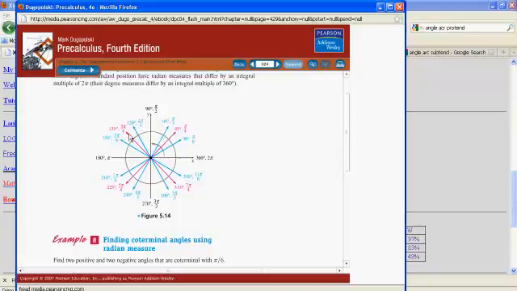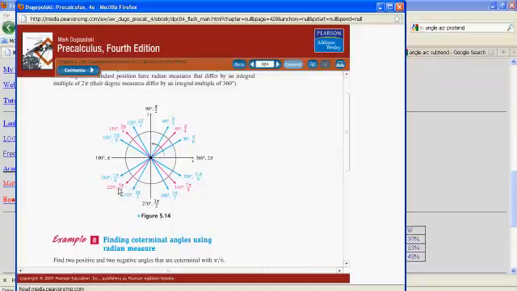And 135 degrees, 3 pi over 4. And 150 degrees, 5 pi over 6. 180 degrees, pi. 210 degrees, 7 pi over 6. 225 degrees, 5 pi over 4.